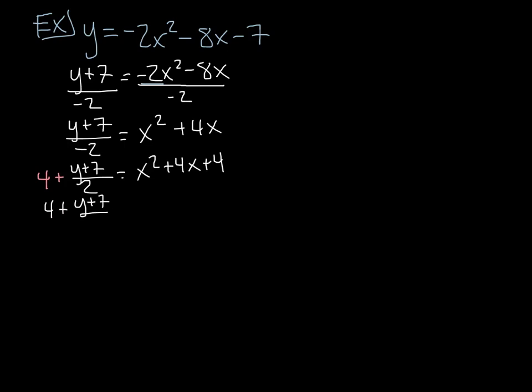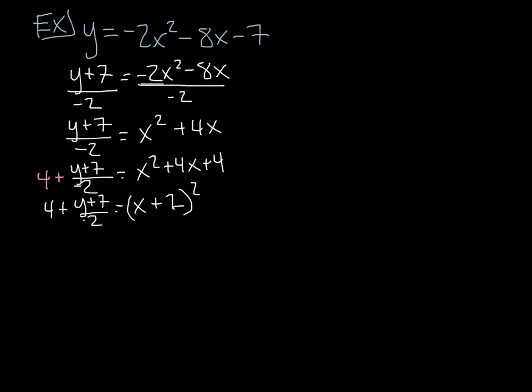Okay, so now I'll leave this here for the moment. (y plus 7) over -2. I'm ready to complete the square on this side, so (x plus 2) squared. Now, in order to get it into the right form, I have to get the y out of this fraction. So I'm going to go backwards from what I did before. Oh, and I forgot my minus.